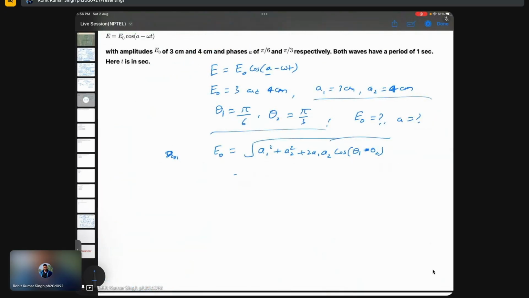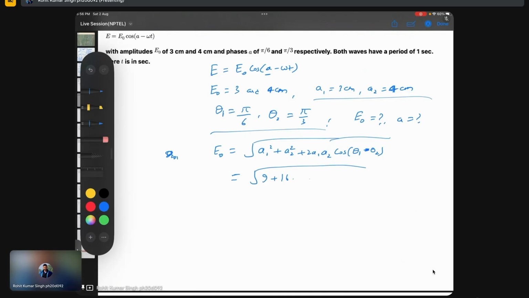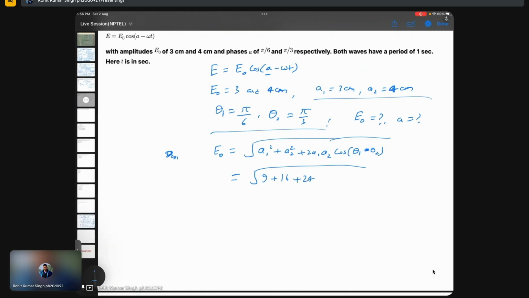Let's substitute a1 and a2. 3 square is 9 plus 4 square is 16 plus 2 into 3 into 4, which is 24, into cos of pi by 6 minus pi by 3, which is pi by 3.